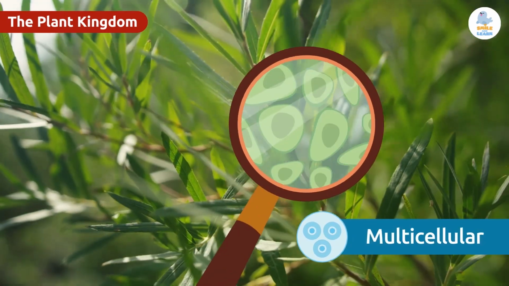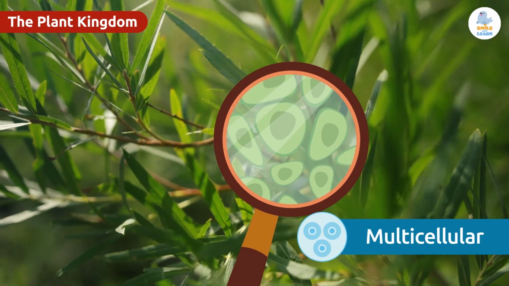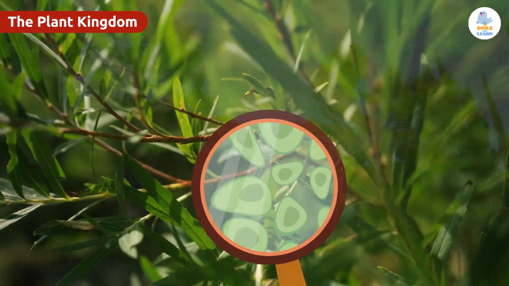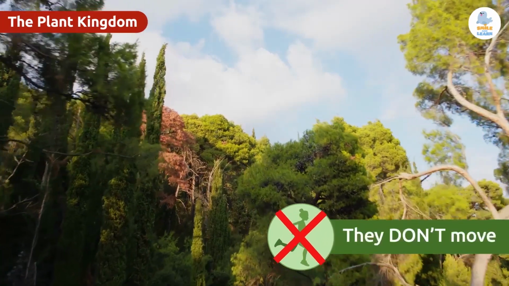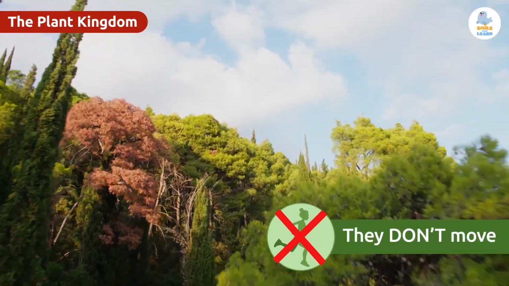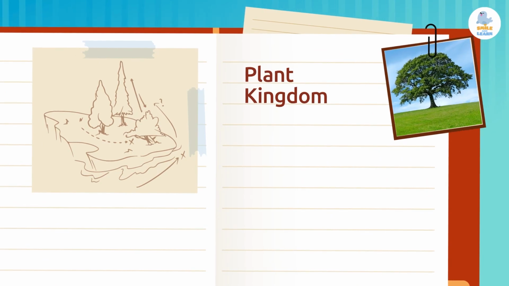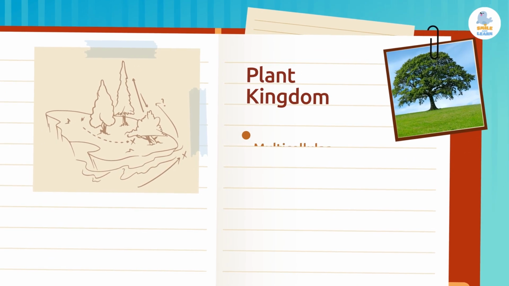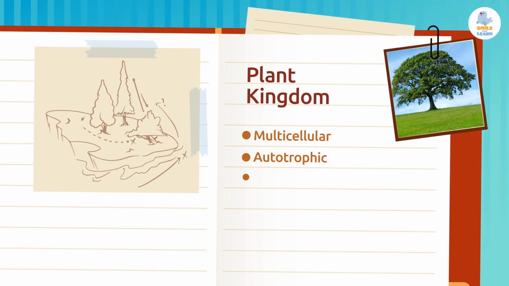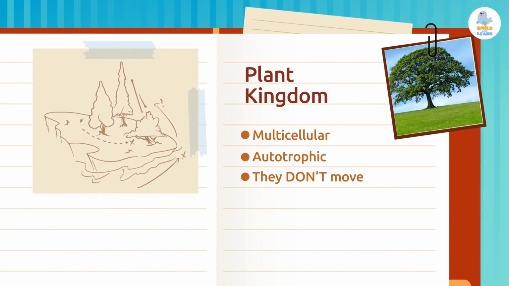Like we said before, it means that they're made up of more than one cell. But unlike animals, plants cannot move on their own. So the characteristics of the plant kingdom are as follows. They're multicellular, autotrophic, and do not move on their own.